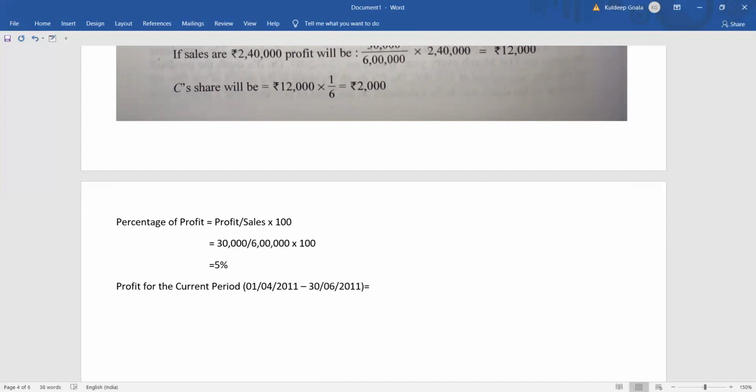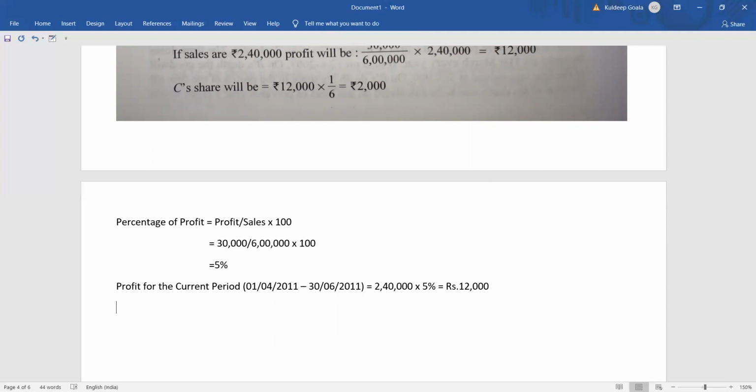So how much will it be? What was the sales? It was 2,40,000, right? And what was the percentage of profit? 5%. So ultimately, how much is it coming? 5% of this is 12,000, right? So the profit comes to 12,000.